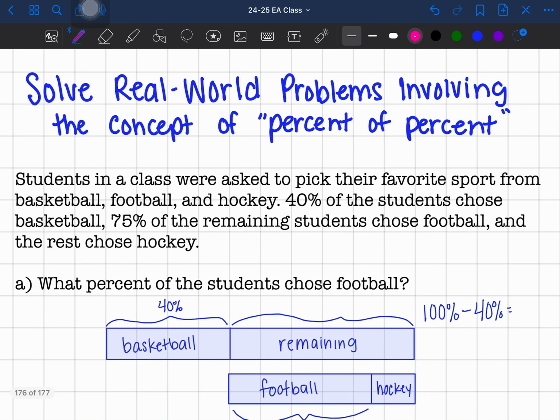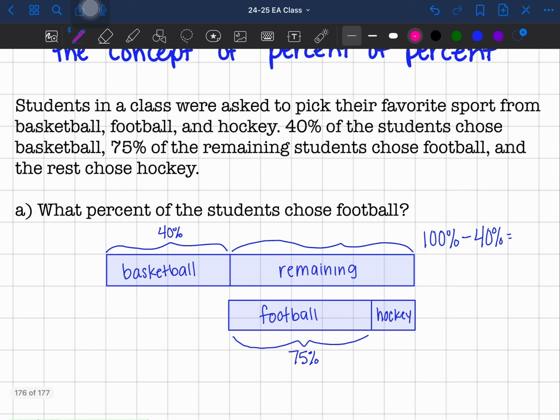Now we're going to do solving real-world problems involving the concept of percent of a percent. Students in a class were asked to pick their favorite sport from basketball, football, and hockey. 40% of the students chose basketball, 75% of the remaining students chose football, and the rest chose hockey.